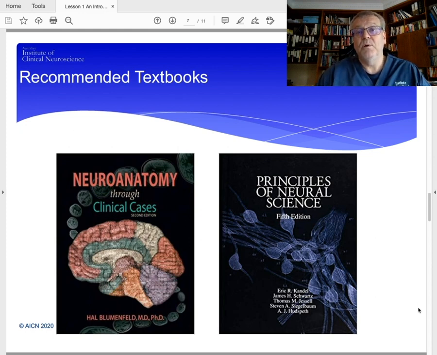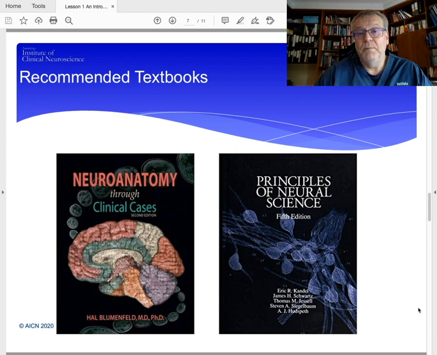And of course, the other book is Principles of Neuroscience, which is the fifth edition by Eric Kandel and James Schwartz. There are other authors on there now, but generally we refer to this as Kandel and Schwartz, Principles of Neuroscience.